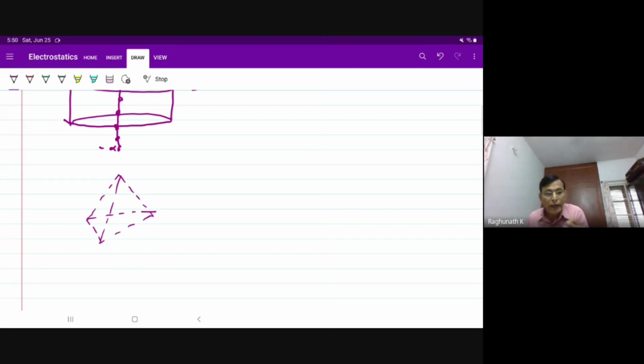It's a triangular pyramid, and the vertex of this pyramid is above the centroid of this equilateral triangle. Now I can basically talk about this vertex at any height, but the base of this is a triangle.